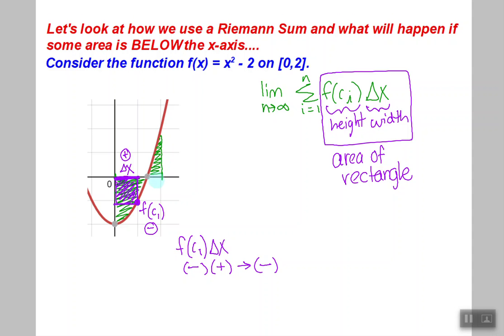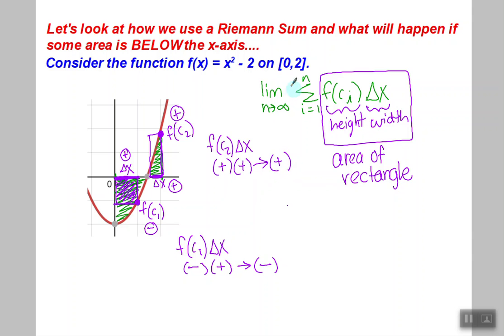Similarly, if I look at this section and I say here's a width, delta x, and I go up to the function on the right side, this is my f of c sub 2. Again, I still have a positive width, my delta x is positive, and this time a positive function value. So this f of c sub 2 times delta x is a positive times a positive, which yields a positive value.